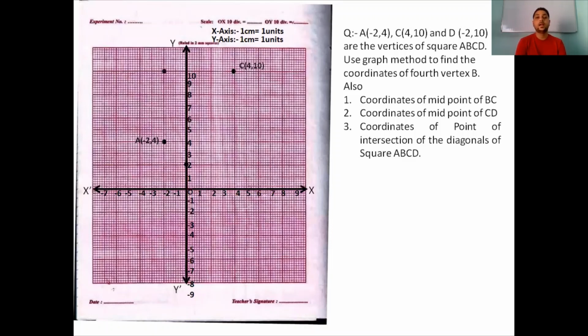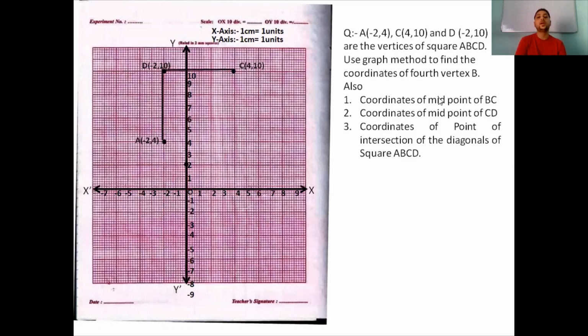Then we have D, which is (-2, 10). From the origin we proceed toward x, that is -2, and 10 is positive, so we move up. So these are the three points, and these are the vertices of the square. We join AD and CD.